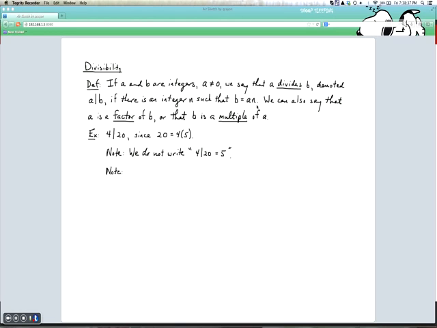I'd also point out to you that it does not work necessarily both ways. I cannot say, for example, that 20 divides 4. This is not true.